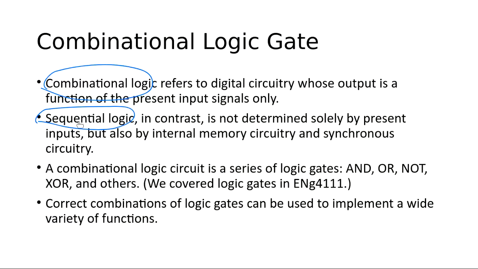The output of a sequential logic circuit is dependent upon the circuit before it. The word sequential comes from sequence: it is a logic circuit and it has some inputs coming from another logic circuit. So the output of one logic circuit is going into the input of the second logic circuit. That kind of combination is called sequential.